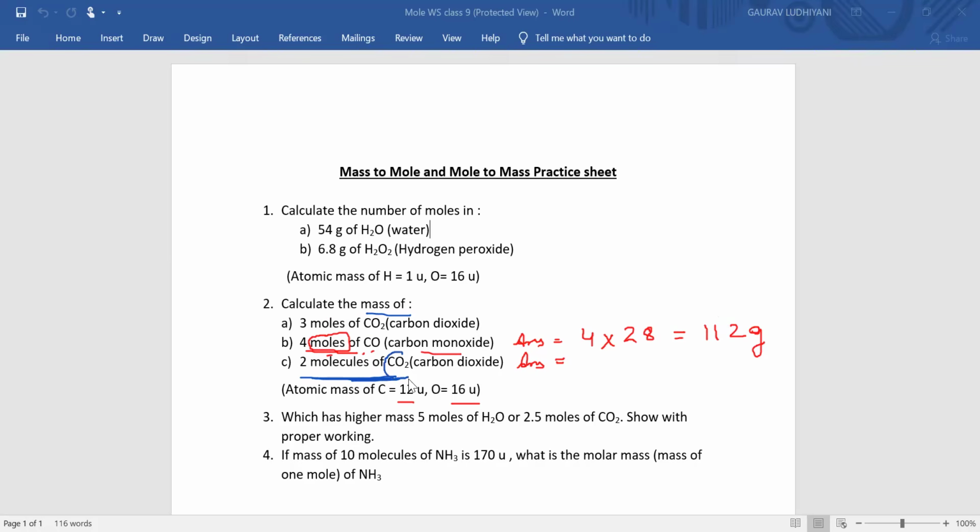So mass of one carbon dioxide, you will do 12 into 1 plus 16 into 2 gives you 44. Since you were calculating for one molecule, it becomes 44 u. The question is not talking about moles, so I am not going to convert this mass into g.